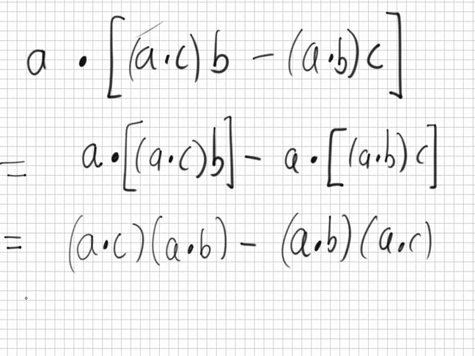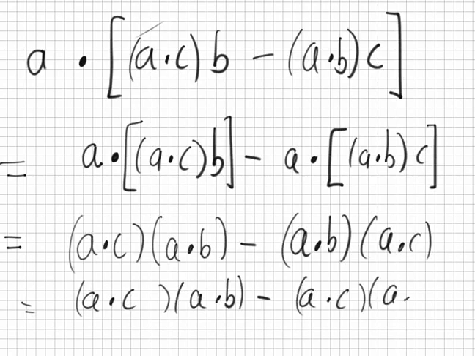So you can write this as A dot C times A dot B minus A dot C times A dot B, which would of course equal 0. So therefore, perpendicular.